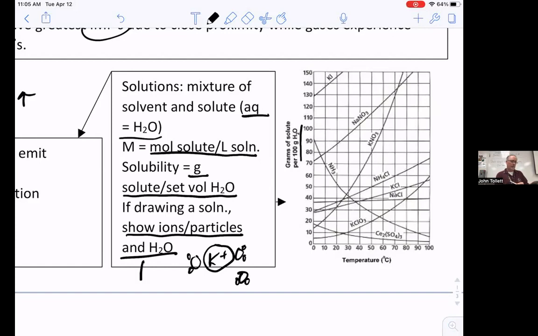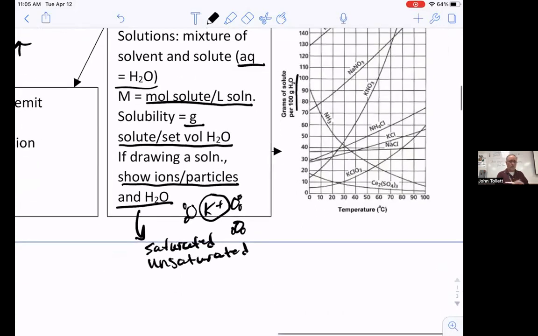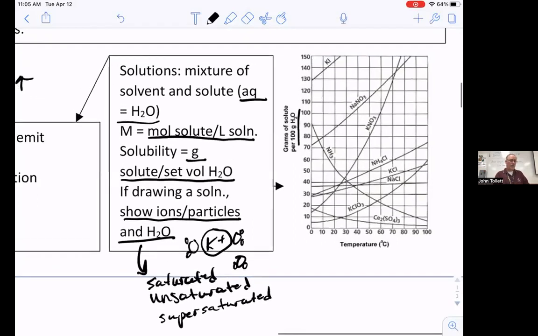One of the other things about solutions is that they can be saturated or unsaturated. And in fact, if they are heated up, dissolved, and then cooled back, some solutions, not all, can actually form supersaturated solutions. Over here we've got a graph.